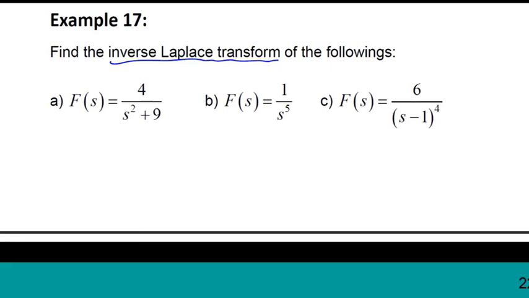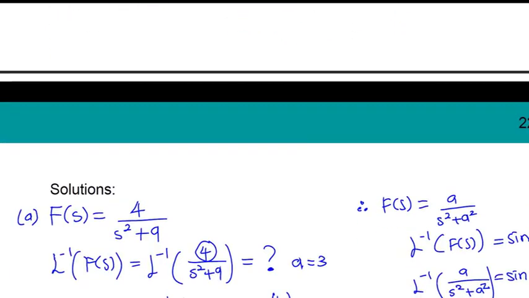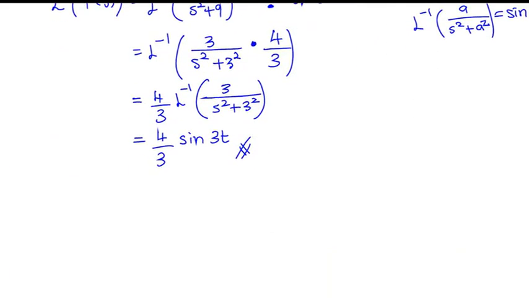Okay, now we look at example 17b. F(s), capital F(s), is equal to 1 over S power of 5. So I jot down the question. B, capital F(s) equal to 1 over S power of 5.